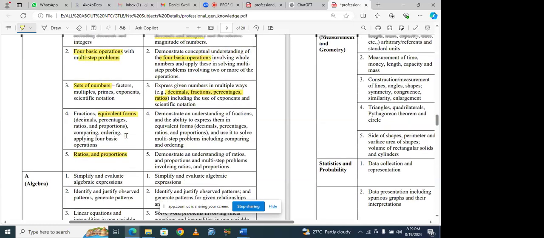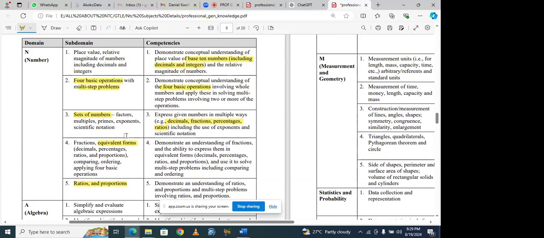The topics are quite numerous. However, for the purpose of today's class, which isn't meant to be a general briefing, I would restrict the exposition on numeracy to the topic areas we have just highlighted. We're going to be looking at base 10 numbers in general, decimals and integers. We will extend to sets of numbers, where we have factors, multiples, prime numbers, and exponents.